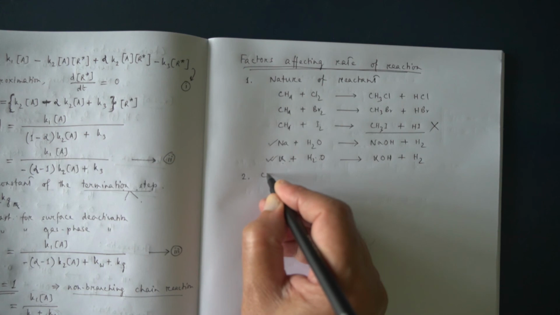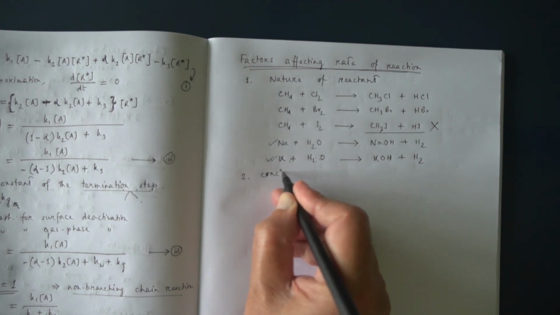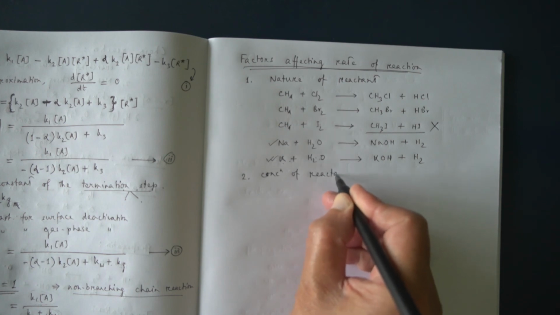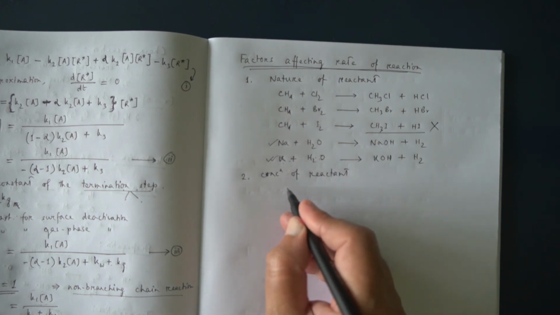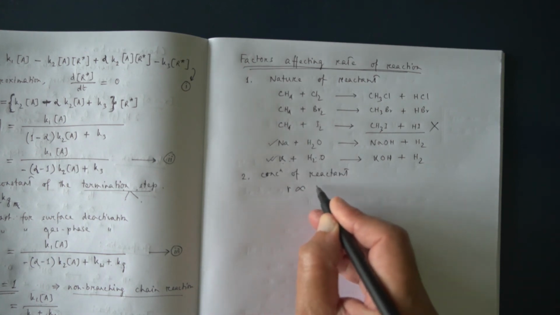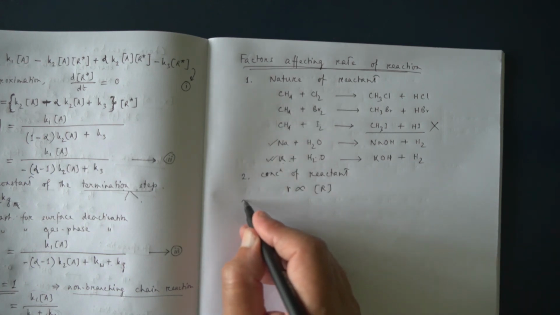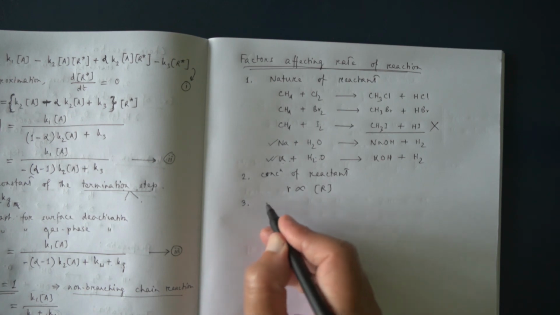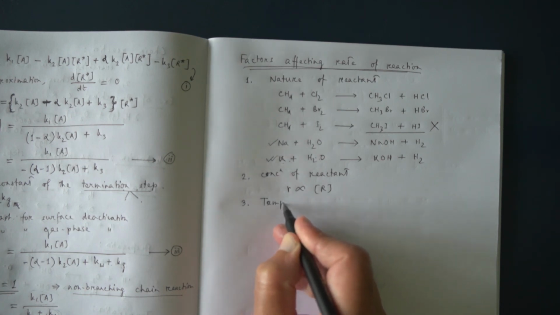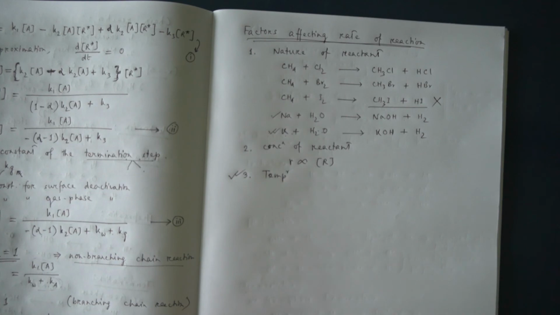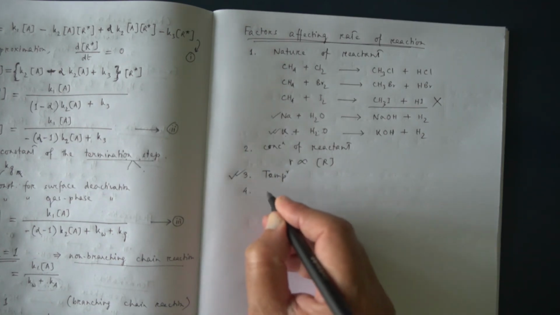Second is concentration of reactant. This you already know because rate is proportional to the concentration of the reactant. Then there is one factor called temperature. We will discuss the effect of temperature a bit later. Then catalyst.